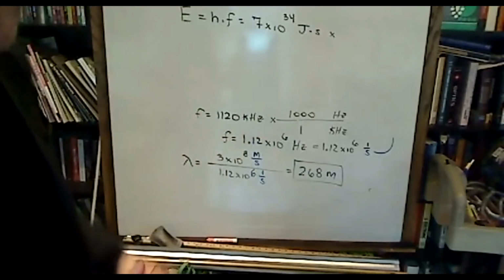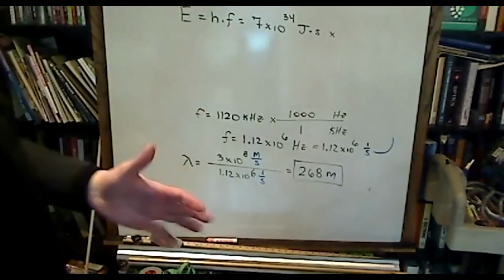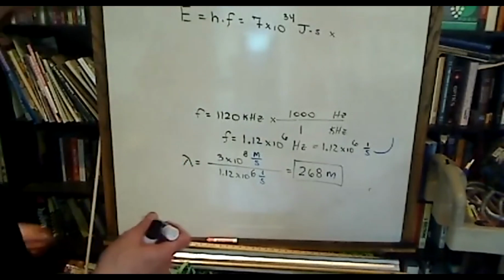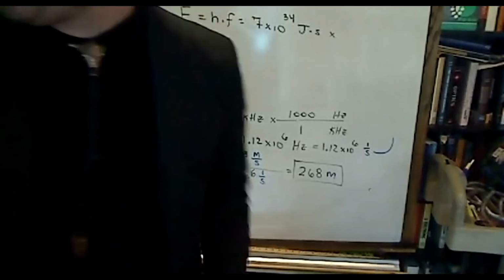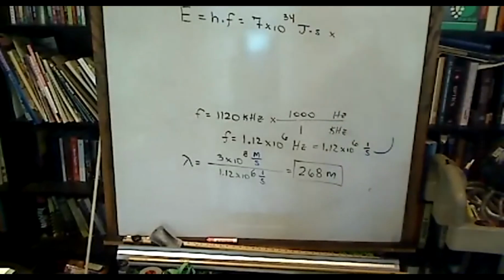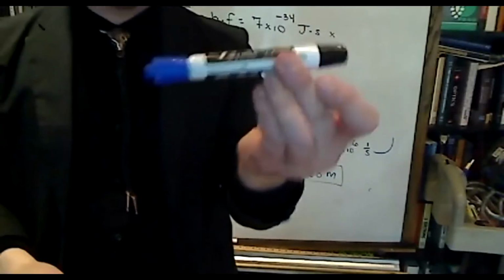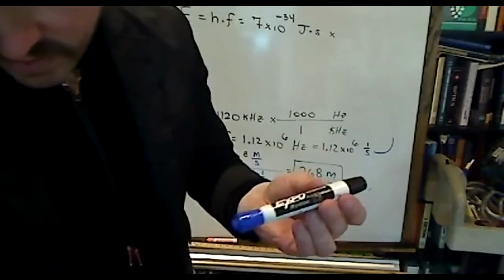Is that a little better? That's why it's nice to see your faces, so I can kind of read the room, so to speak. It helps me to figure out what's going on in your brain. Is it 7 times 10 to the minus 34? Yeah. Oh my God, Jace, thank you. I was looking for my cap, and that's where it was.